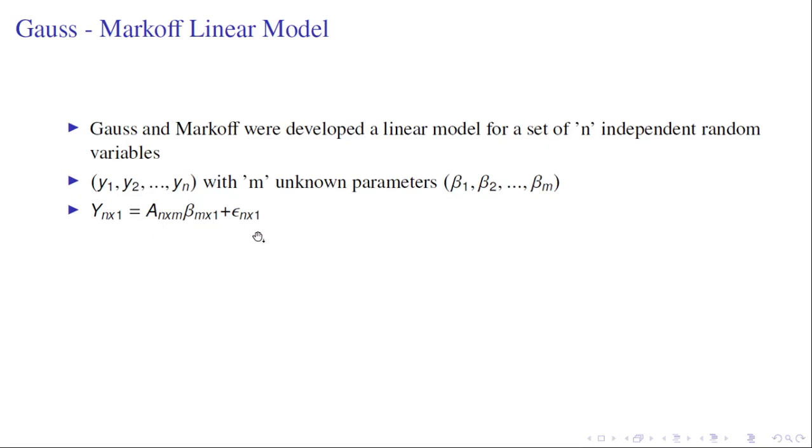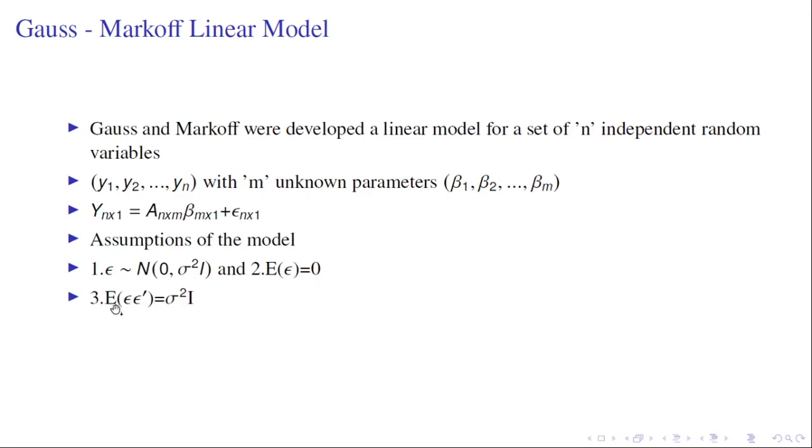This is the matrix form. The assumptions of the model are: the first assumption is that epsilon follows N(0, sigma square I), and the second assumption is that all the errors have zero mean. The third assumption is that the expectation of epsilon epsilon transpose must be equal to sigma square I, that is, the diagonal elements must be sigma square, and y follows a normal distribution with mean A beta and variance sigma square I.